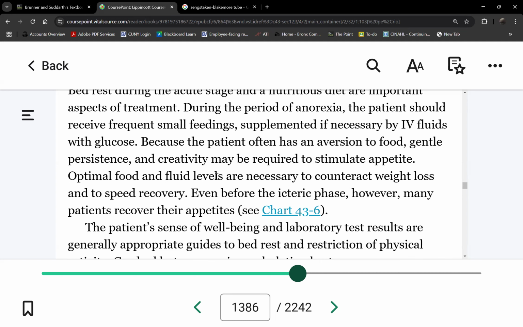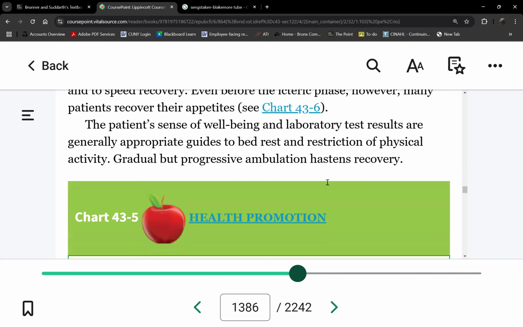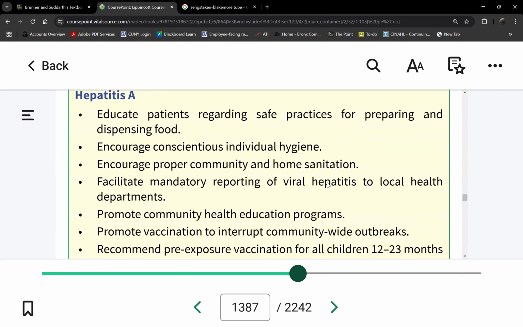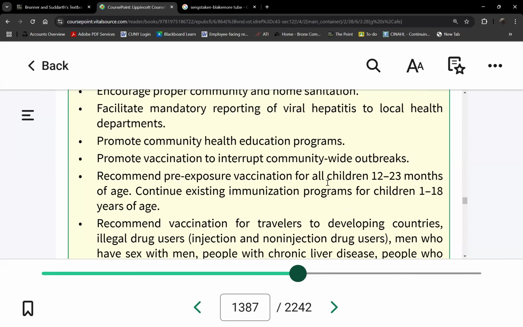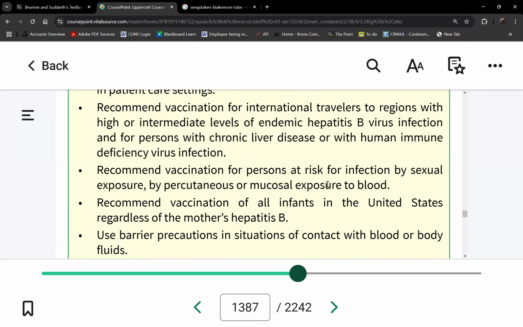That's what will kill you, the dehydration. So we'll just admit you, give fluids, and pain management. You'll be in a lot of pain. And then education. Okay. So next time, listen to vaccination. Okay.